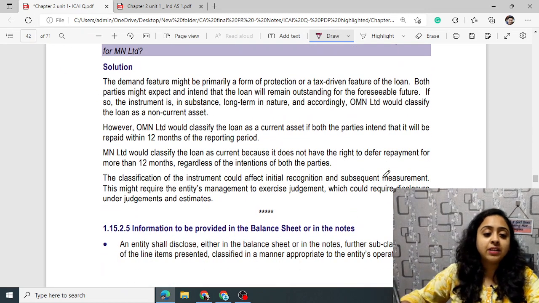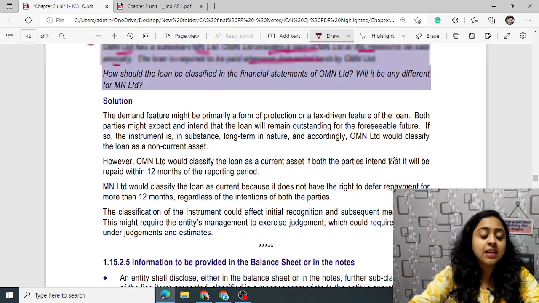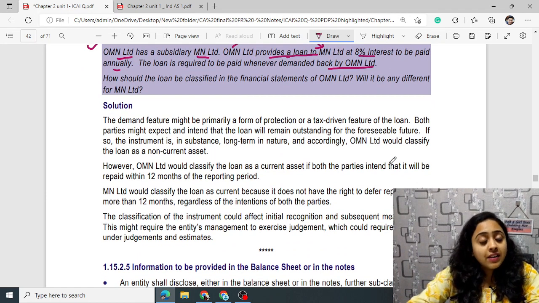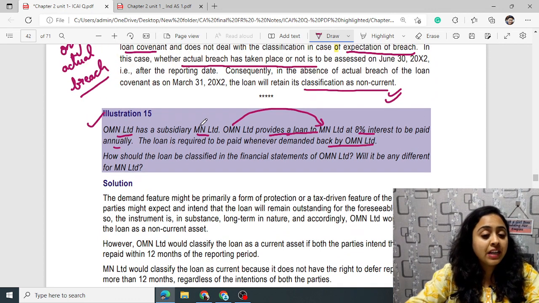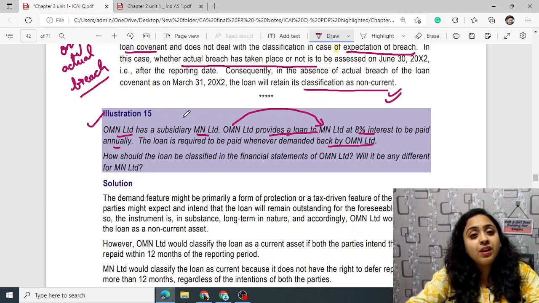See, let's read the question. Let's read the answer. See, if the demand can be made at any point of time, then it should be considered as current. But here there is a relationship of parent and subsidiary. If the parent has invested something in the subsidiary, it will not be withdrawing it, it will not be demanding it back soon.